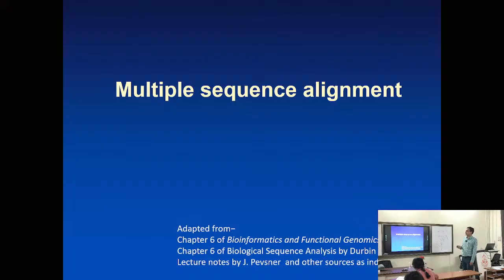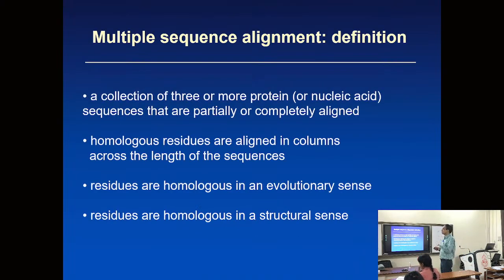So we discussed pairwise alignment, and we were also discussing multiple sequence alignment, but now I will go into more detail. Multiple sequence alignment means alignment of 3 or more protein or DNA sequences. When you visualize it, you are visualizing the conservation at different columns.